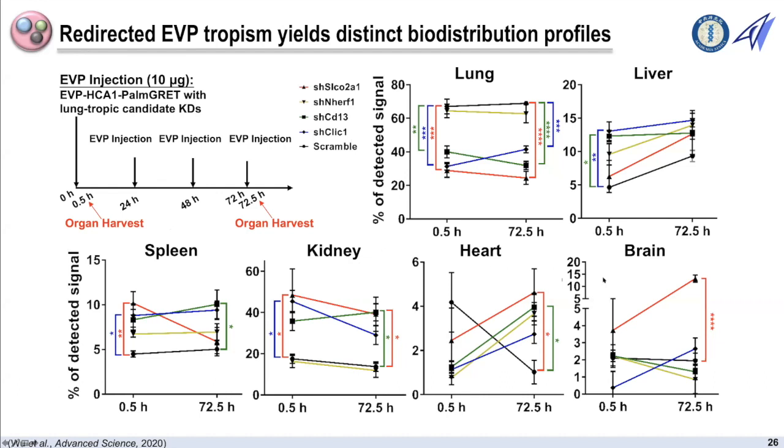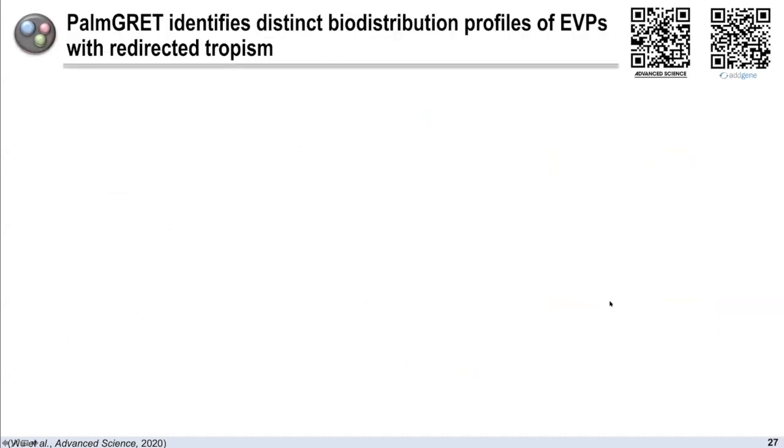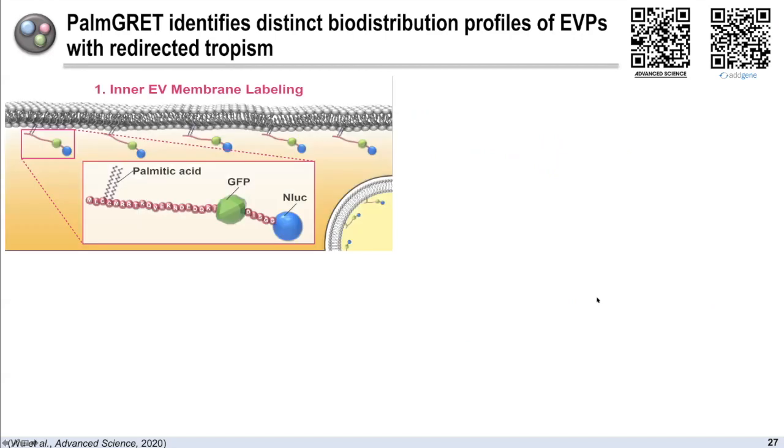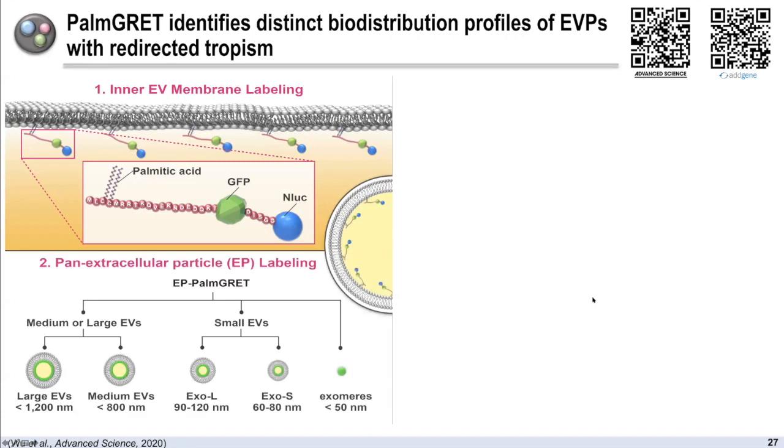And the heart and brain show a very small percentage of detected signals here. So overall, our PalmGRET reporter enables inner membrane EV labeling. We cannot say that we label the whole EV population, but here we have extracellular particle labeling.